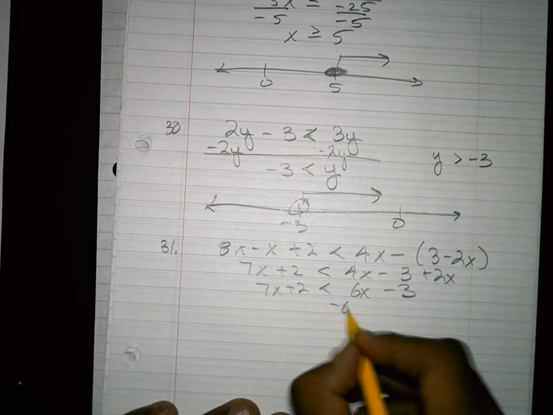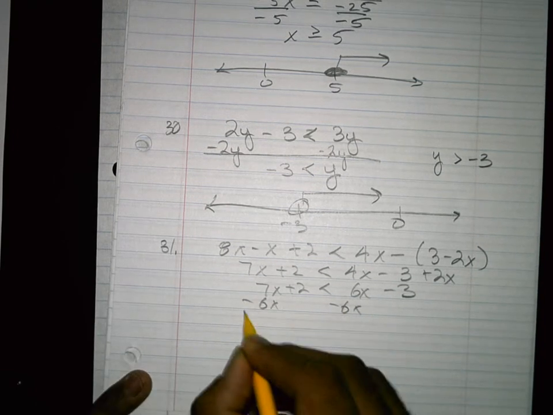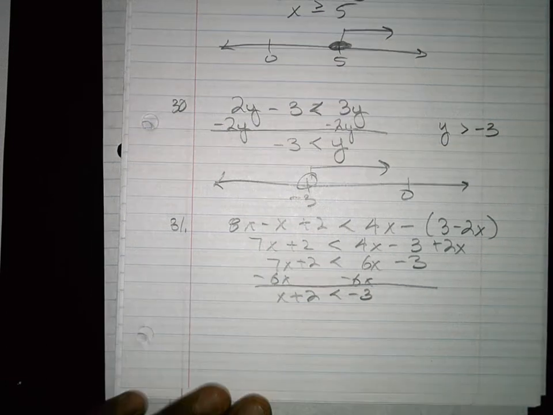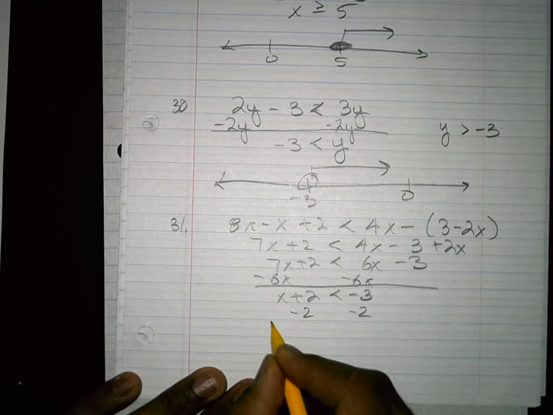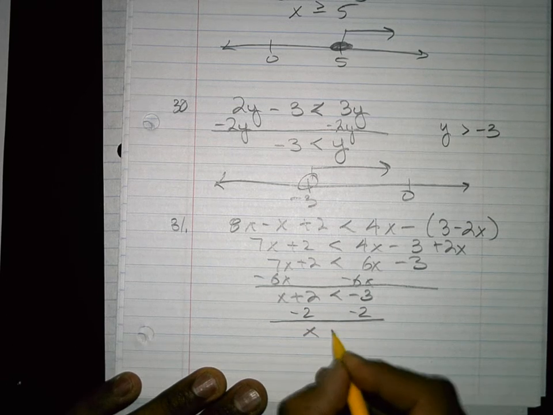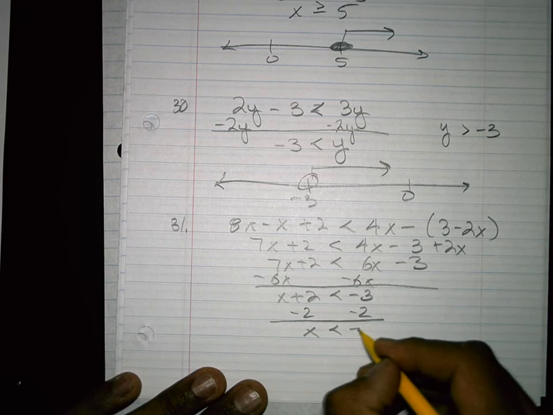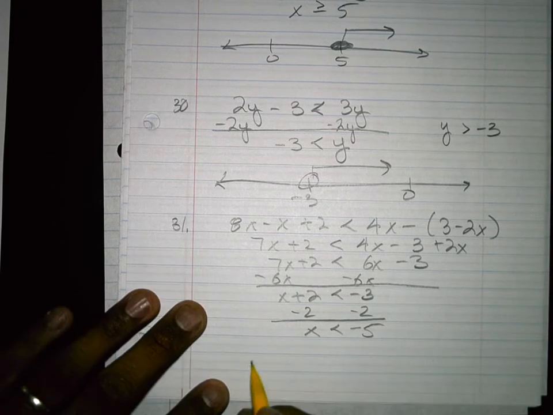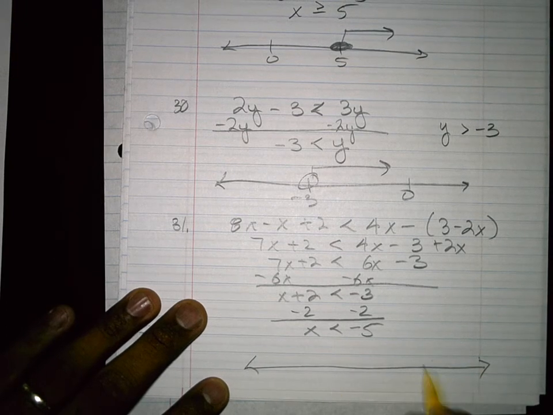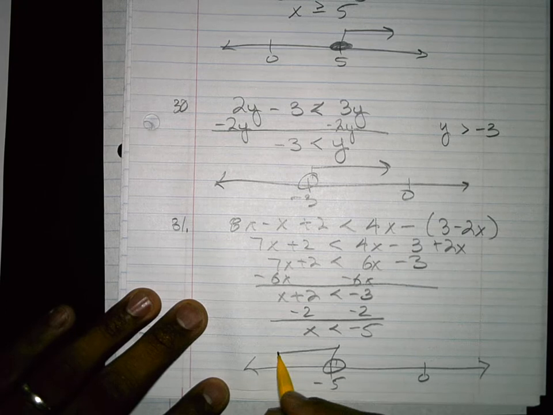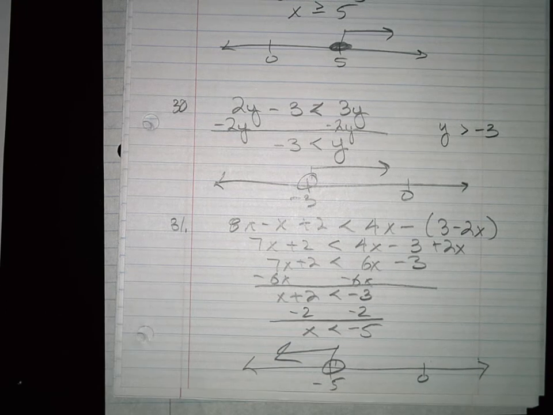Now I'm going to move my stuff this way. Okay. So I subtracted, so I didn't flip any signs or anything, so this is just going to be negative 5. If I was to graph this, it would be an open circle, and all the values are to the left. Okay.